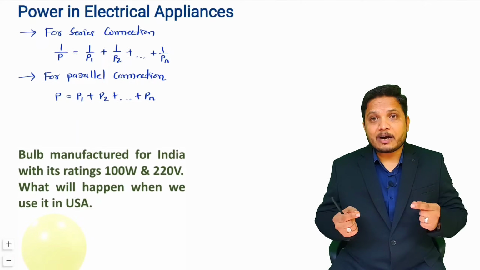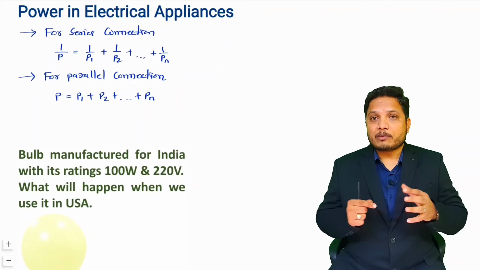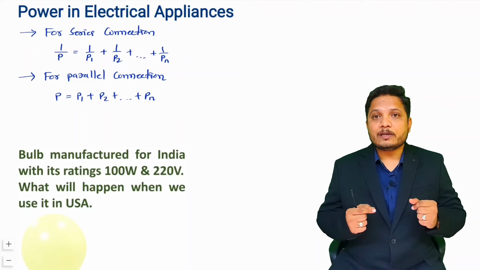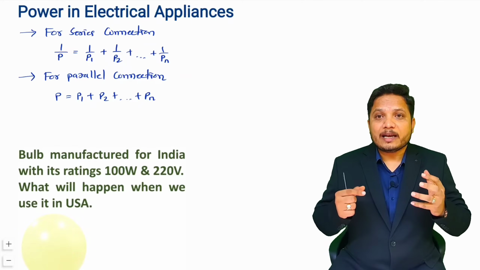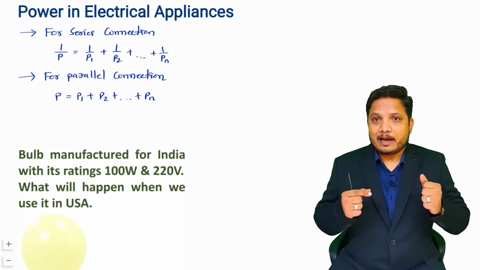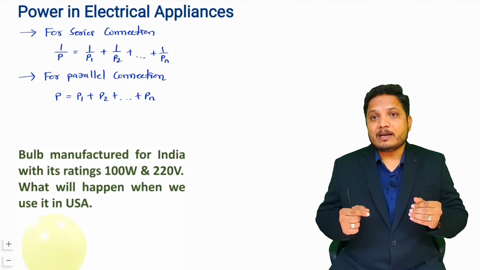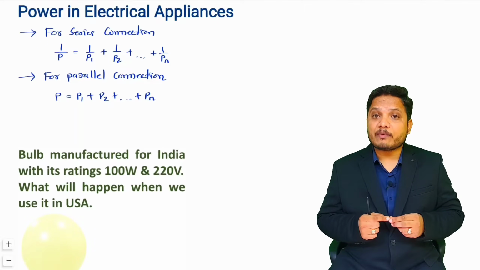Now, our next agenda of this video is to understand what will happen if we use appliances designed for the Indian power rating somewhere in the USA, will it function perfectly fine?